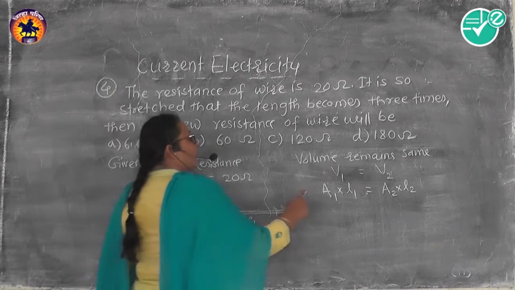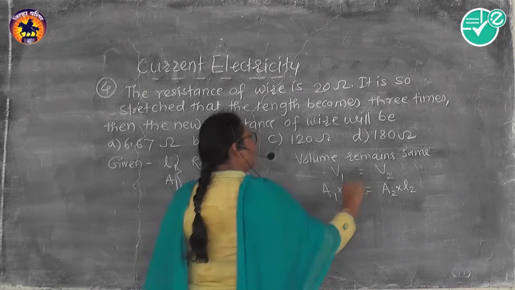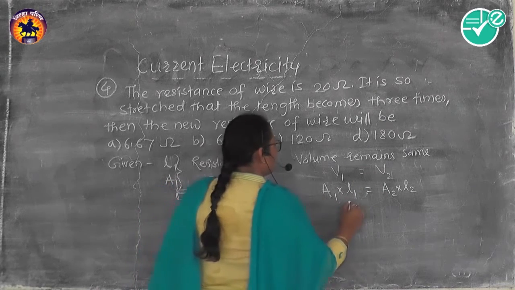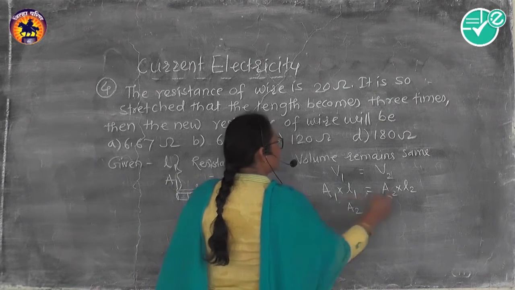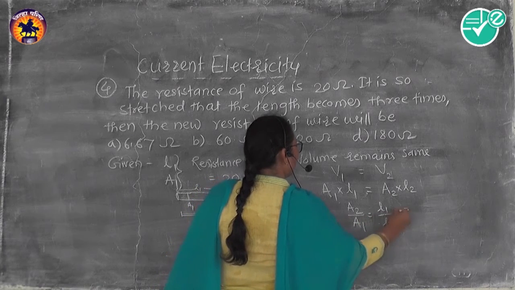And hence we get relation for ratio of area in terms of length as A2 divided by A1 is equal to L1 divided by L2.